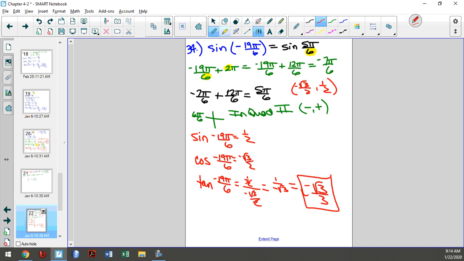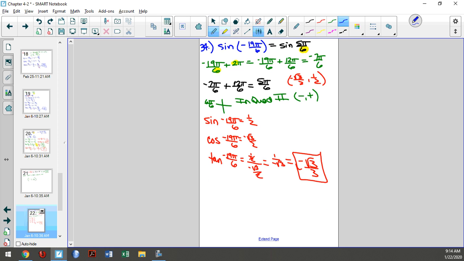Now, if I know sine, cosine, and tangent, what else do I know? What is the cosecant of -19 pi over 6? That's the reciprocal of sine, so that's going to be 2. What is the secant of -19 pi over 6?